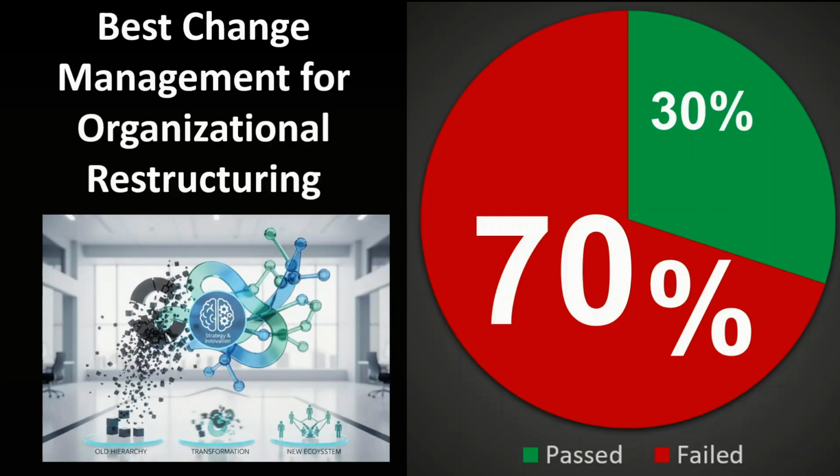Do you know why? It is not because the company restructuring plan itself is imperfect, but because of ineffective organizational change management. Employees resist the change, adoption falls, and business outcomes are delayed.